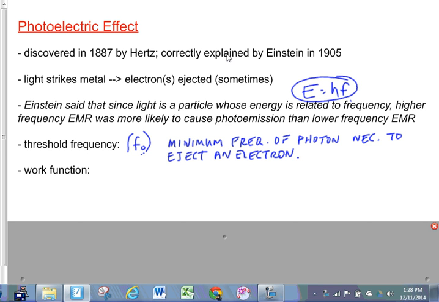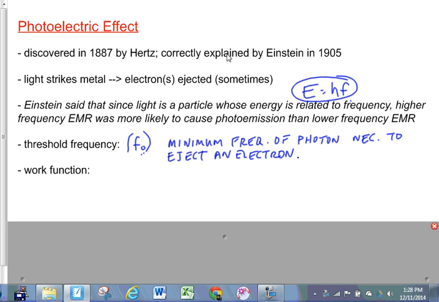A photon below that frequency won't cause it. That was the piece of paper in our demonstration, right? A photon above that frequency will cause the electron to be ejected. That was the calculator or the hole puncher in our demonstration, in our analogy. So it's the minimum frequency of a photon necessary to eject an electron.